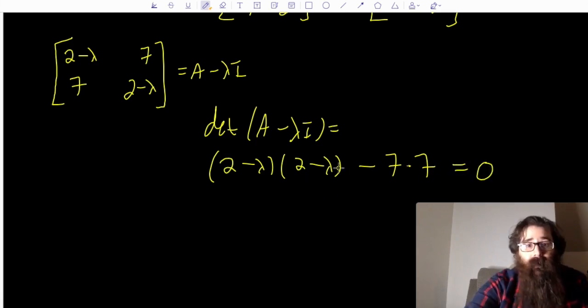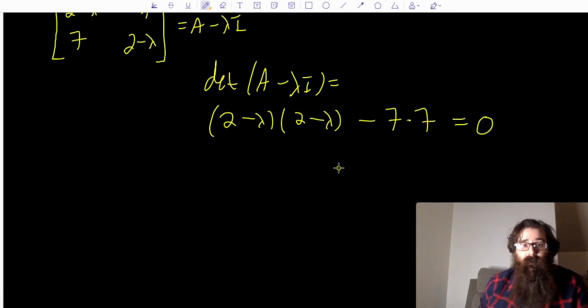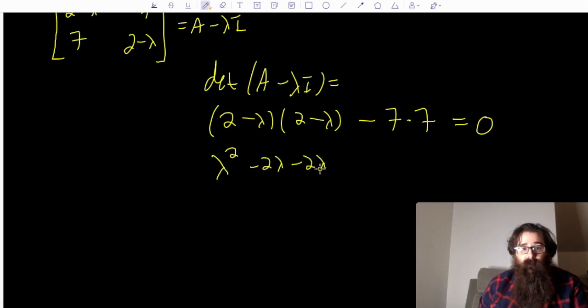And then we expand it out. Let's get some foiling. Negative lambda times negative lambda gives me a positive lambda squared. Then I have negative 2 lambda and another negative 2 lambda for my outer and inner terms. And my first term, 2 times 2, gives me 4. And then minus 7 times 7 is 49.